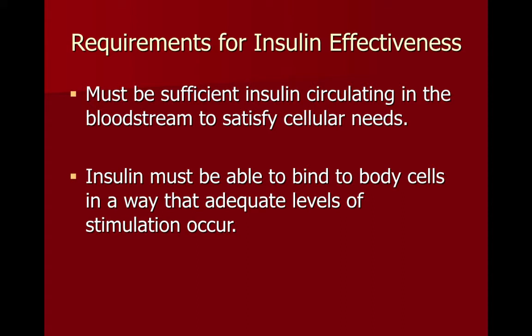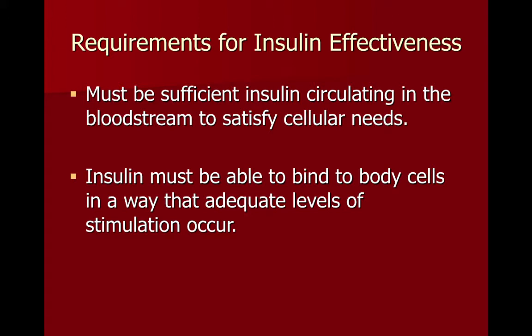There are a couple of requirements for insulin effectiveness. One, there has to be enough insulin circulating in the bloodstream to satisfy what the cells need. And then insulin has to be able to bind to the cells in a way that can meet that cellular need, or maintain that adequate level.